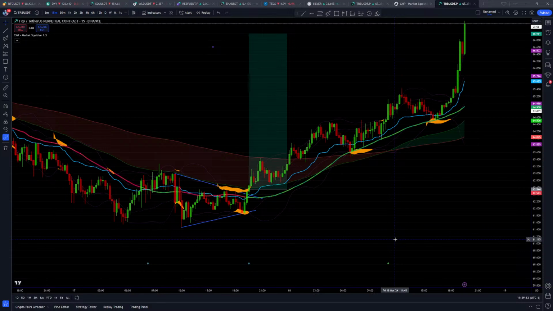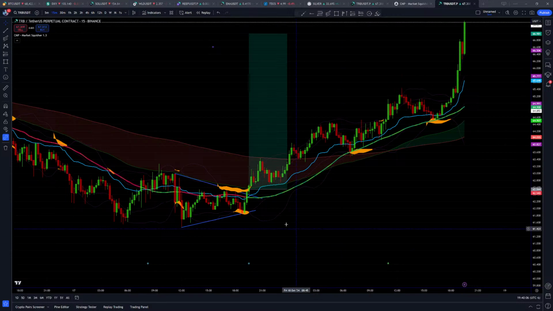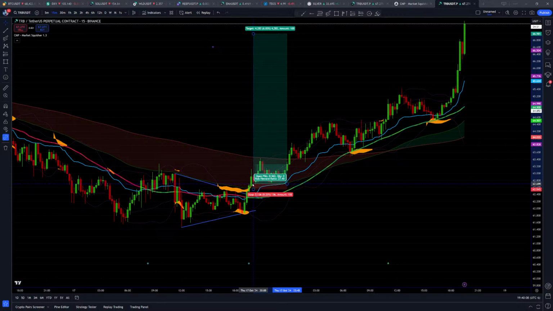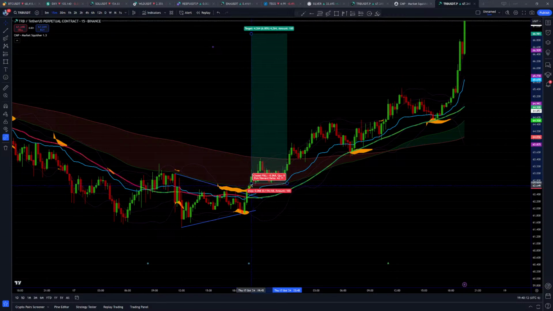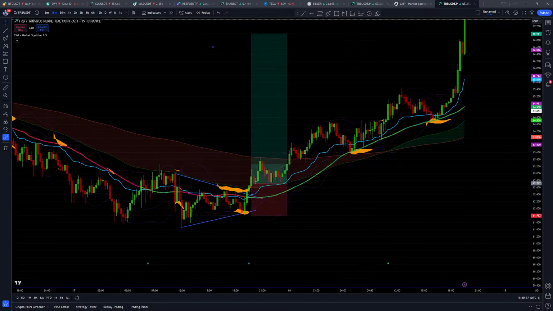If you market enter at the open of the next candle, after the one candle that closes above the squeeze, you would start by putting your stop loss below the lower squeeze. That's the safe thing to do. However, it blasts off, and you could put your stop loss to break even relatively quickly.